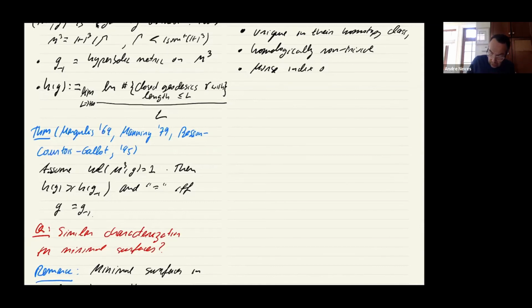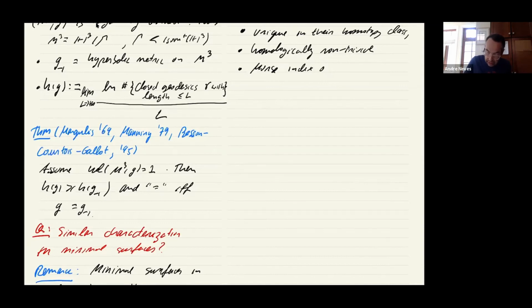Okay, so for this, I need to introduce some more notation. Let's consider a homotopy class pi of pi 1 injective, also known as essential, surface in the manifold.